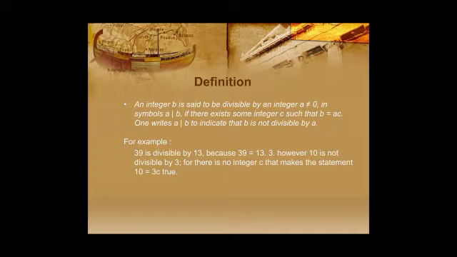From this definition, we can take the following example: 39 is divisible by 13, because 39 equals 13 times 3. However, 10 is not divisible by 3, for there is no integer c that makes the statement 10 equals 3c true.